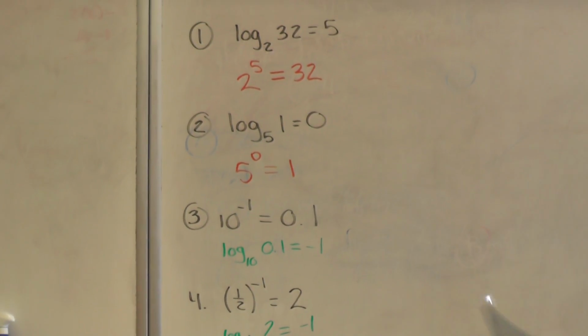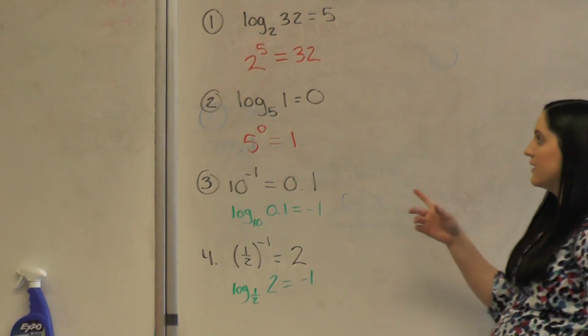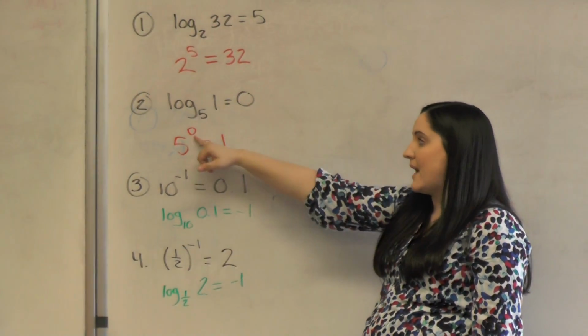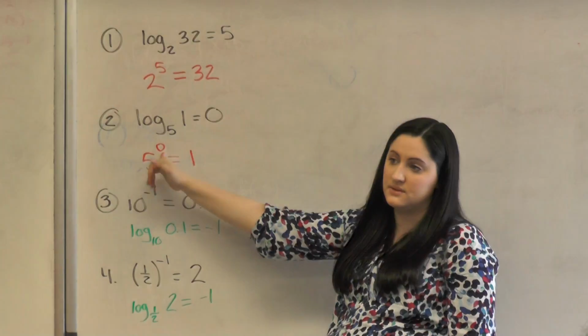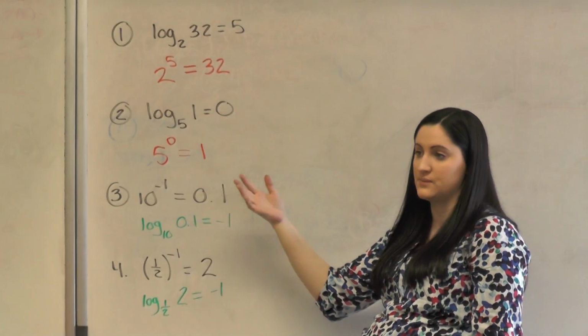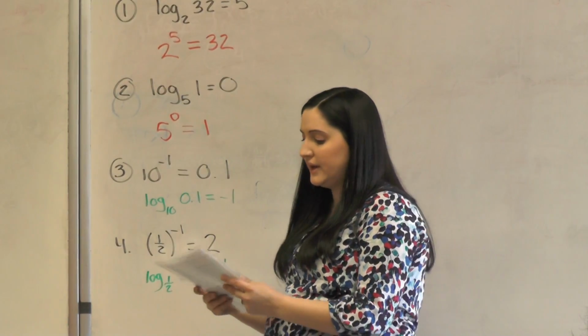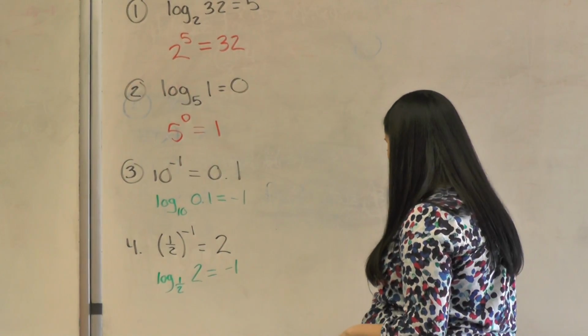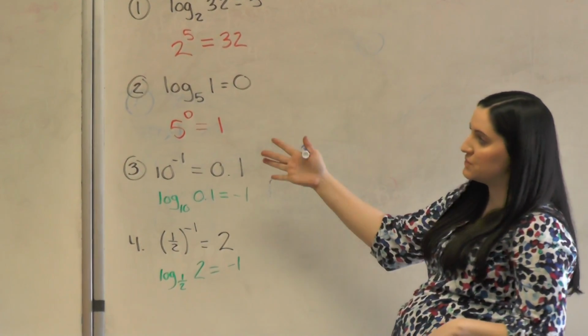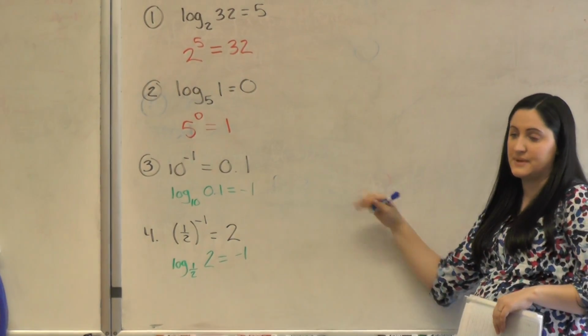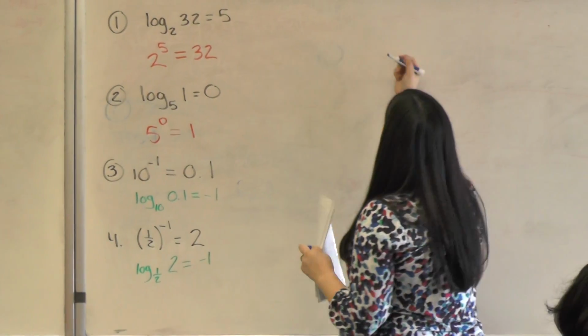Okay, so 2 special logarithms are, one of them is anything to the power of 0 is 1, anything to the power of 1 is what? Itself. Okay? Alright, so this is changing between logarithmic and exponential form. Let's look at evaluating.